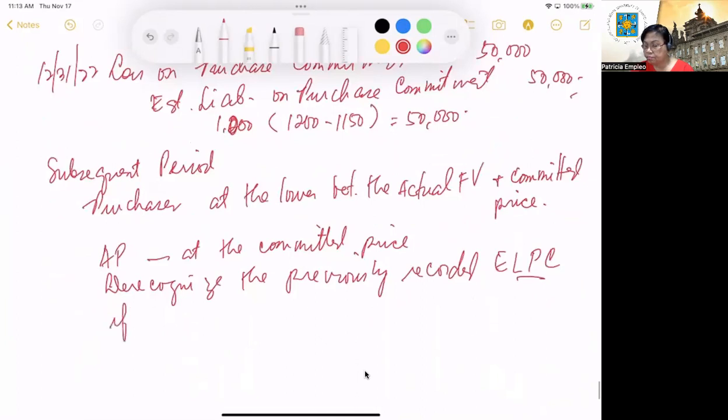If there is recovery, the recovery is limited to the previously recognized loss.